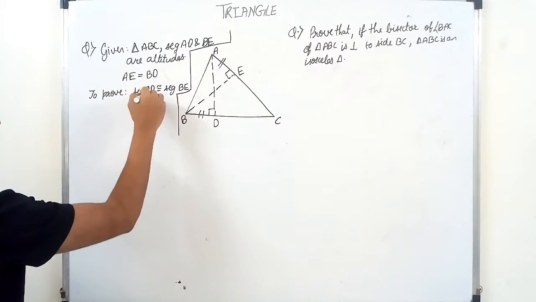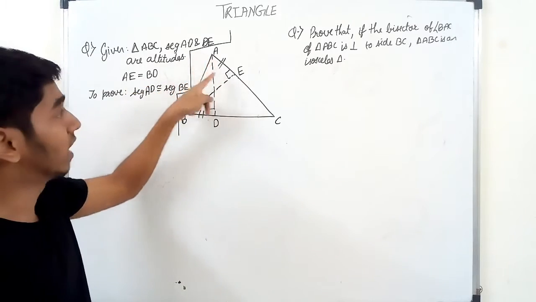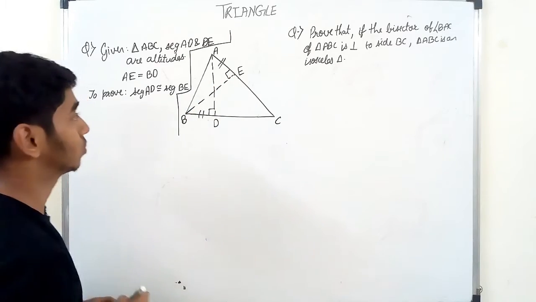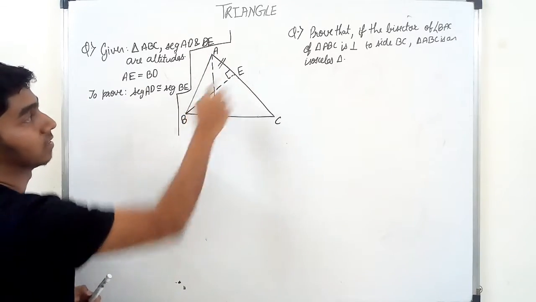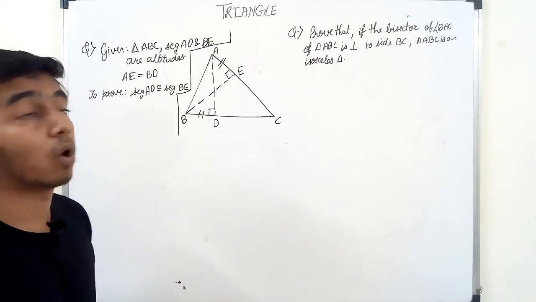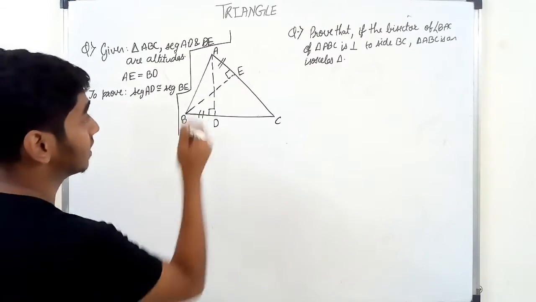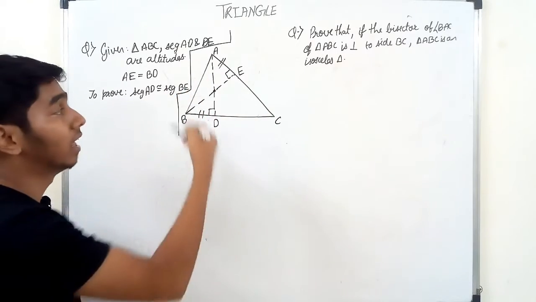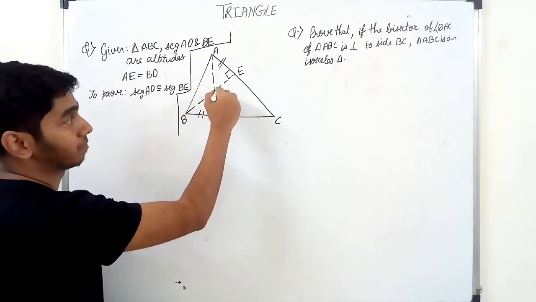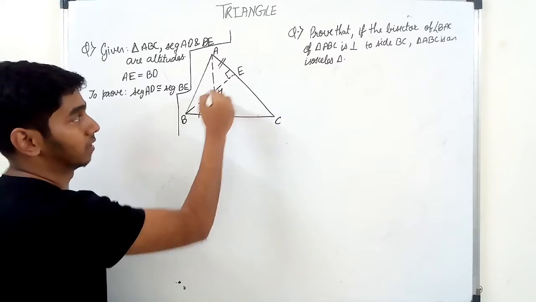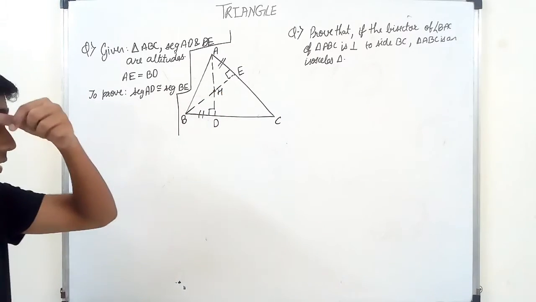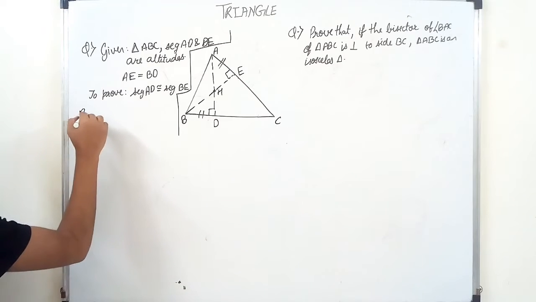This is AD. Okay. So we have to prove that AD is congruent to BE. Before starting, okay, let's name this point of intersection of the two altitudes. Let's name it as H. Okay, so let's name this as H. Now let's start with the proof.